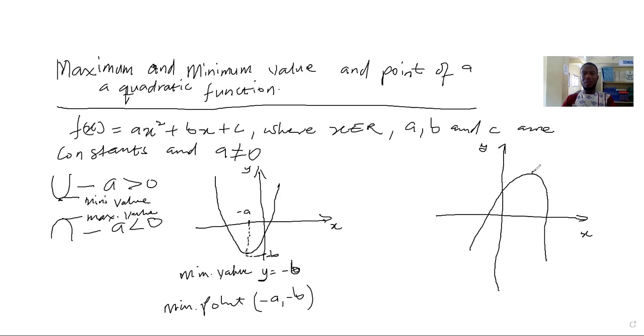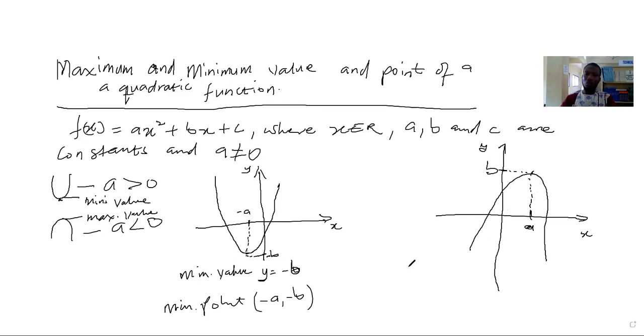Then this is the turning point of the graph. So when we trace this to the y-axis, this is positive y, so let me call it B. And then we trace here to the x-axis. This is also positive, so let me call it A. I decided to call this A because we write the x component first before the y component. That's why I decided to write the x as A and the y as B.